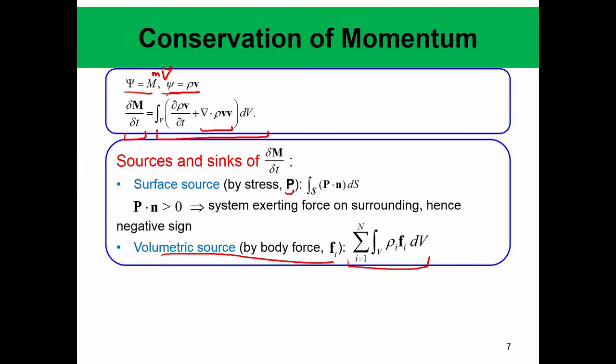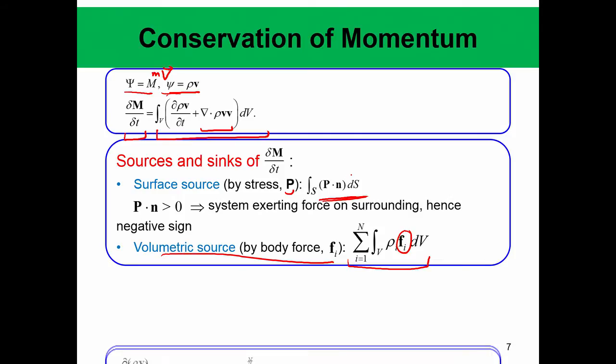There can also be a volumetric source like a body force Fi, though this will not be of our main interest in this course, but we will keep it for generality. This will be very important, because as we will see later, this will contain both a pressure component as well as the viscous components, and viscosity will actually come into this.